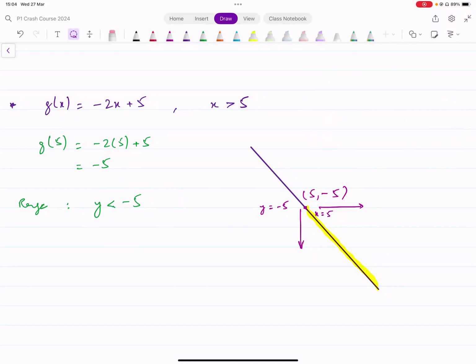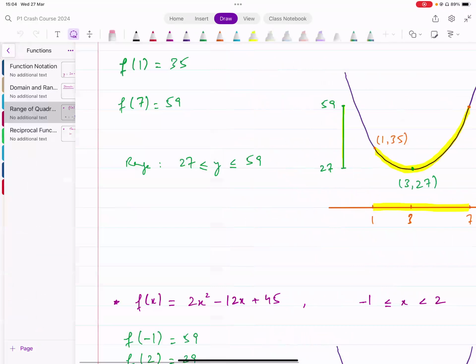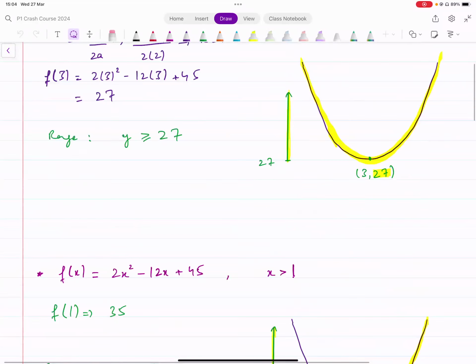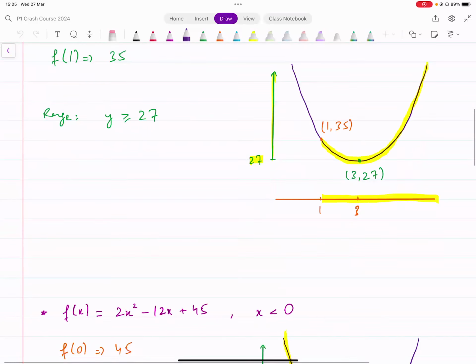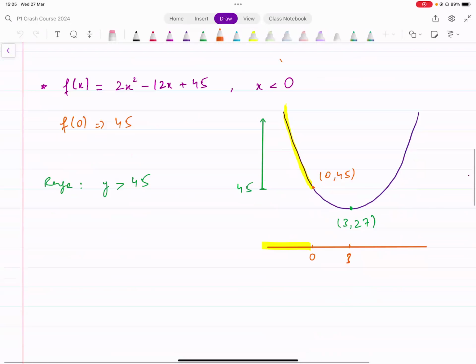So that could be one way of doing these linear functions as well, if we don't want to draw graphs. However, for quadratic functions, you should always be sketching graphs, because here we have turning points, and turning points cause some confusion. After sketching the graph, you're just going to see what's the highest point and what's the lowest point vertically, in the part of the graph that is part of this domain.